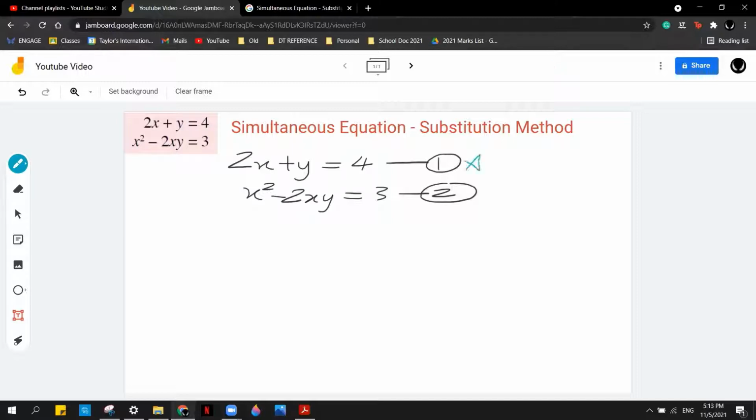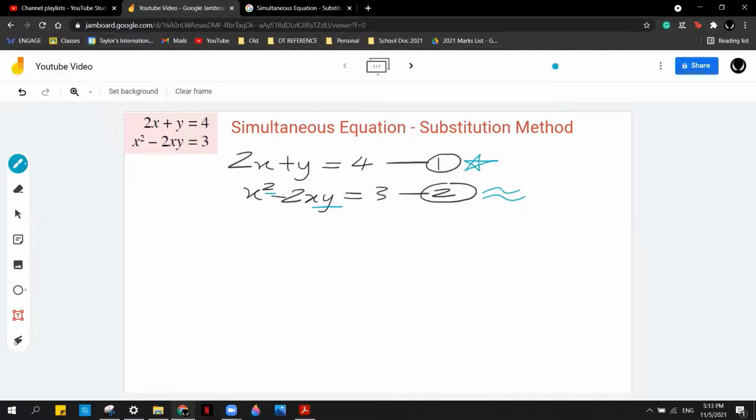I feel equation 1 is simple. Equation 2 is a bit more complex because we have a square and two different unknowns. But in equation 1, there are no squares, it's all linear, and it's quite simple and direct.